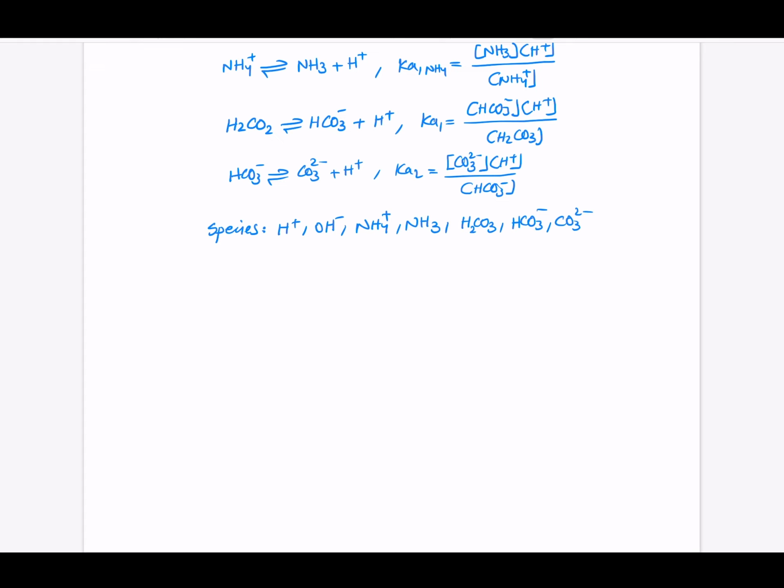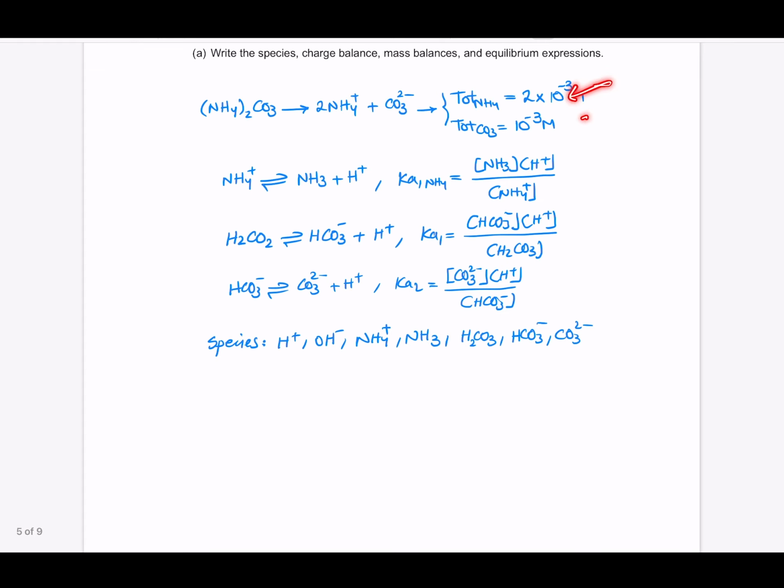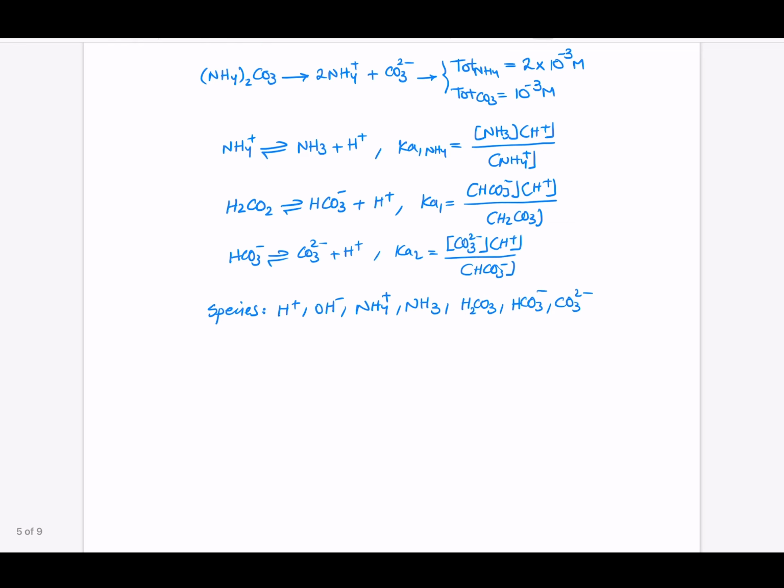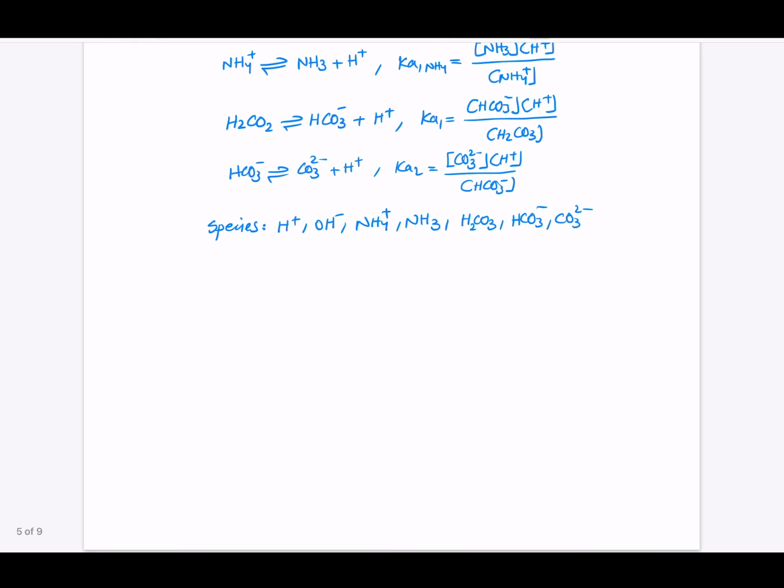Let's see how much we got so far. So we have 1, 2, 3, 4, 5. We have 1 for water, which would be 6, like Kw of water. So we need only one more equation, and let's also write the mass balance one more time.